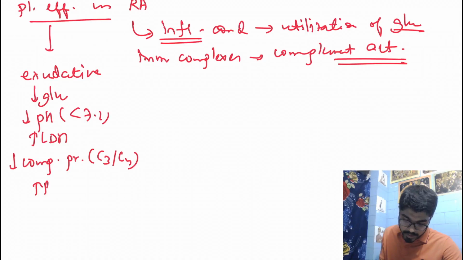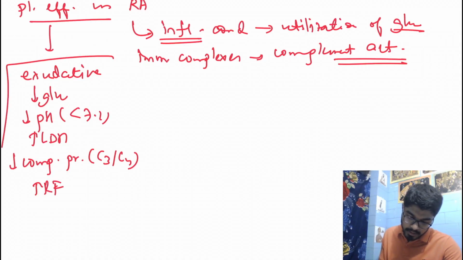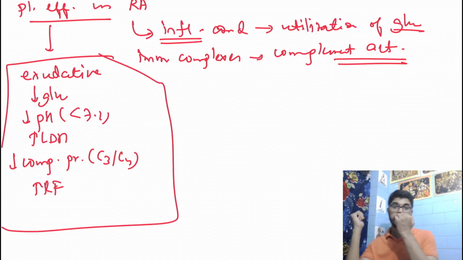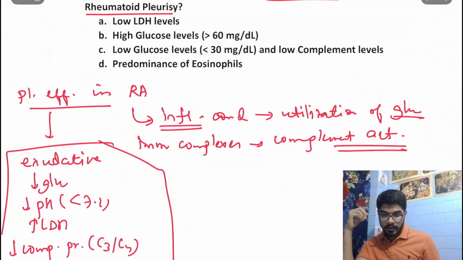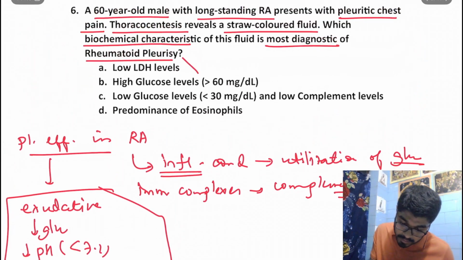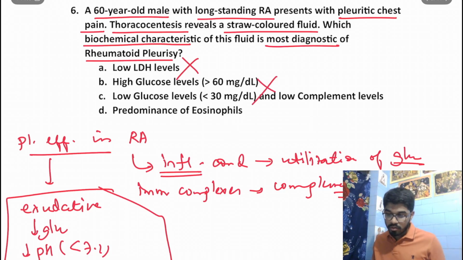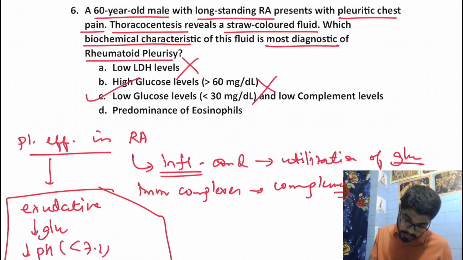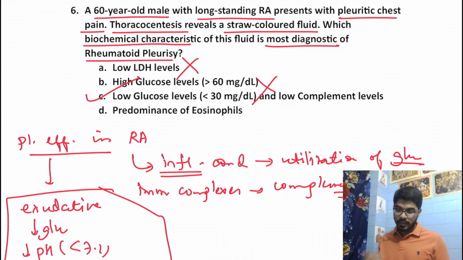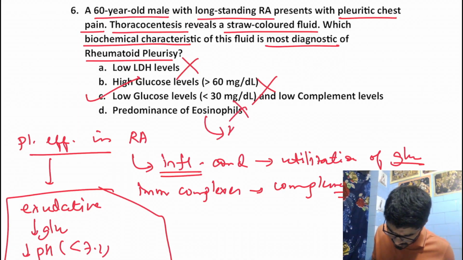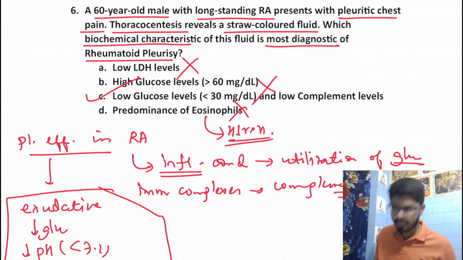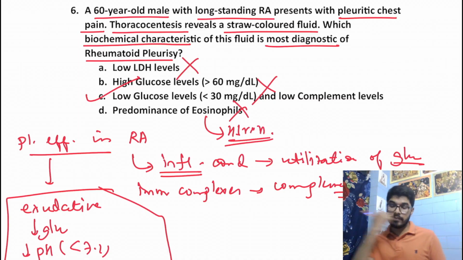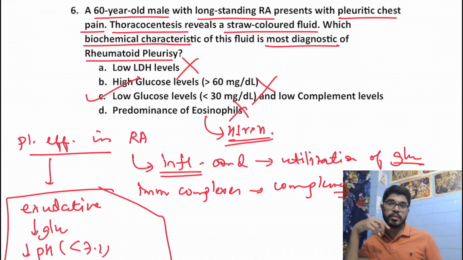And of course, we would get increased rheumatoid factors. So these are the characteristic findings in the pleural fluid. So low LDH levels, no. High glucose levels, no. Low glucose levels and low complement levels, this should be our answer. Predominance of eosinophils is seen in hypersensitivity reactions, and rheumatoid arthritis does not result in a hypersensitivity reaction. So the answer should be option C.